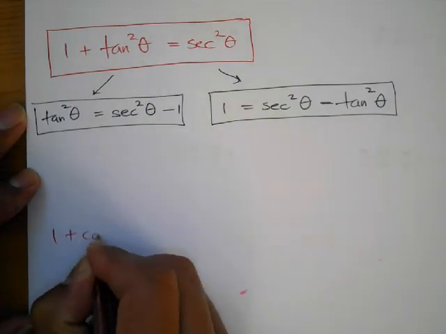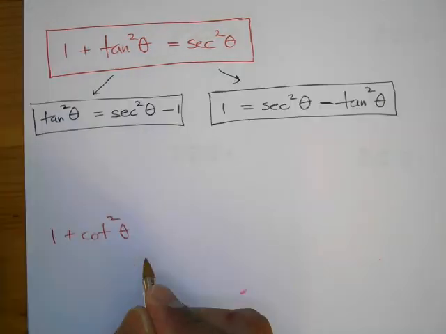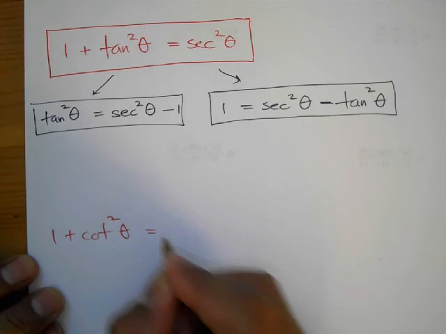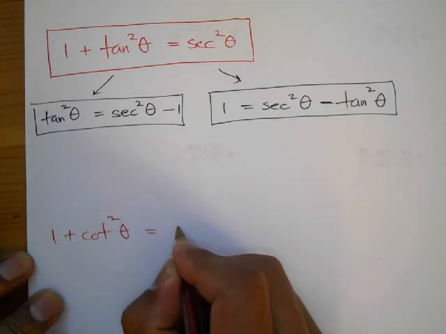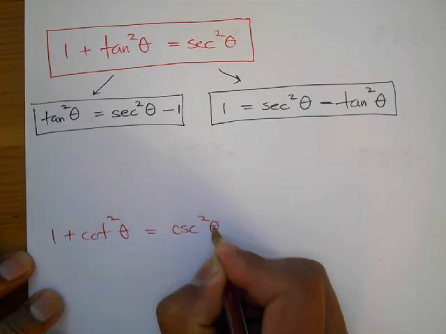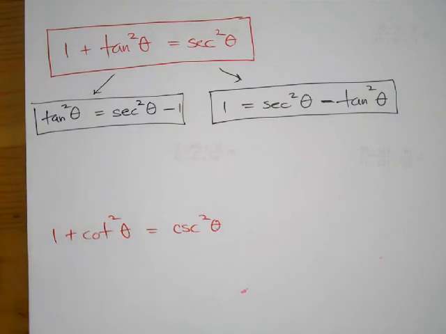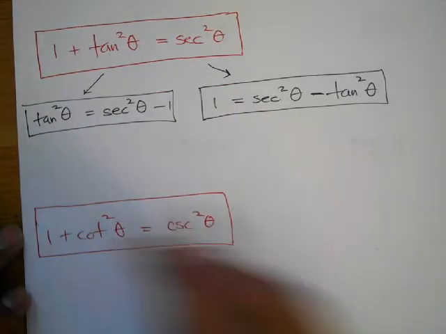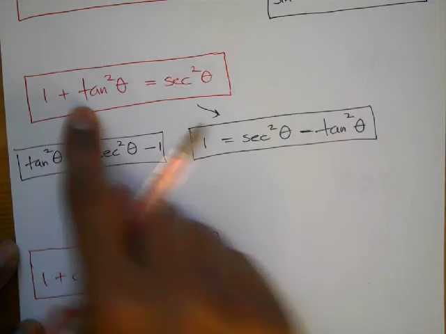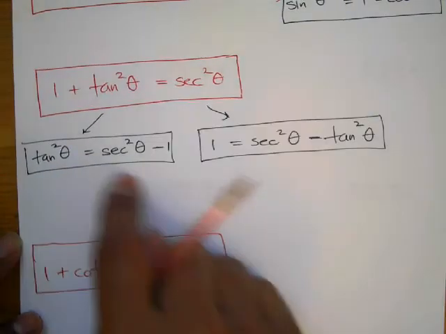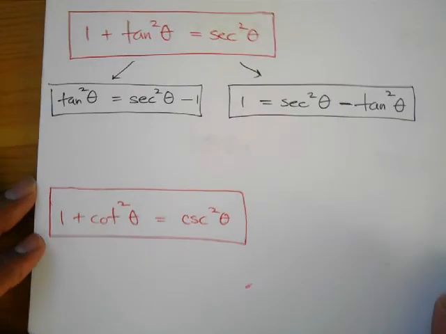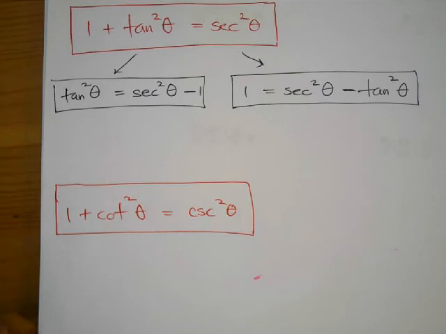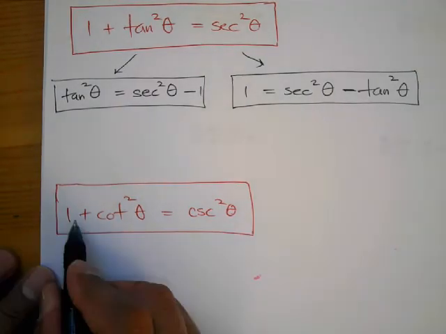This last one is 1 plus cotangent squared is equal to what? Cosecant squared. All right, this is the main one. Sometimes in some other books they'll make this one the main one, but they're all the same, right? It's all one same one. They're not 3 different ones.